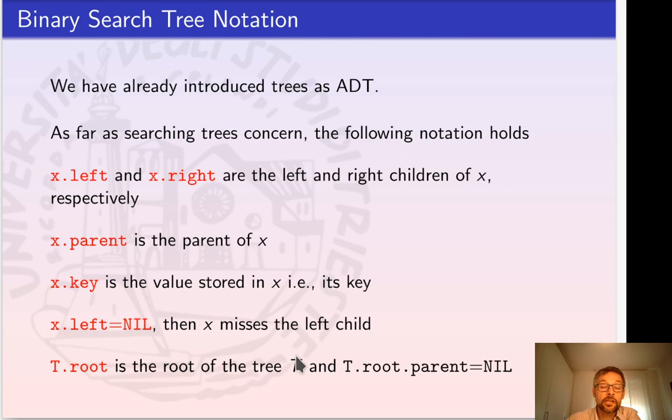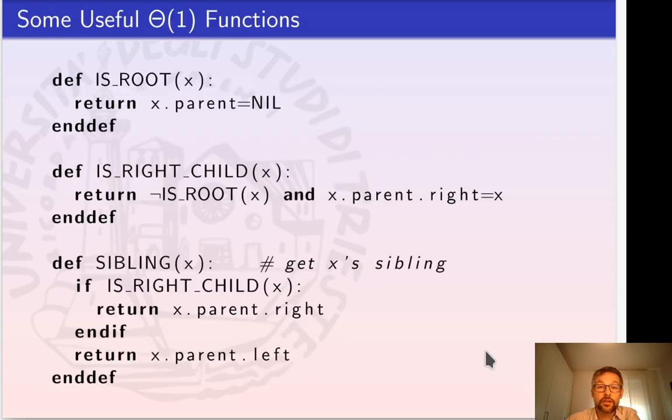Okay. And what about the root? To test whether or not a node is the root, we simply need to test whether its parent is nil. Okay. So among all the nodes inside a specific tree, the only node whose parent is nil would be the root.